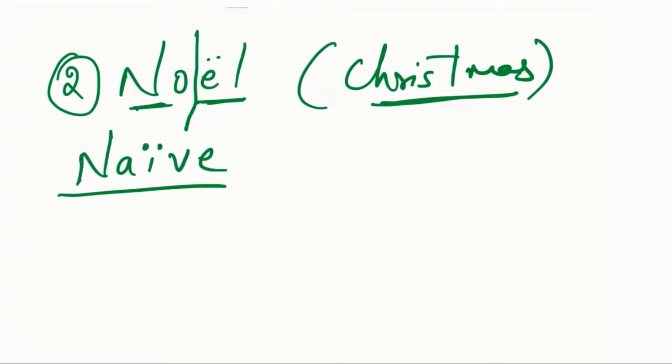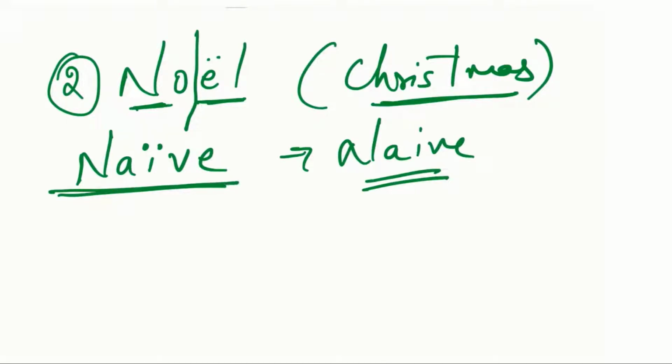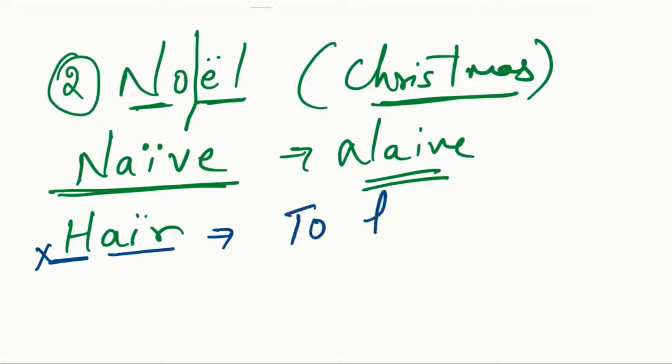Here, the meaning is knife itself in English. One more example I'll write here. Haïr. Here again two dots on the i. And here see h, I'm not pronouncing h because h is silent. So haïr, and this is a verb, to hate.